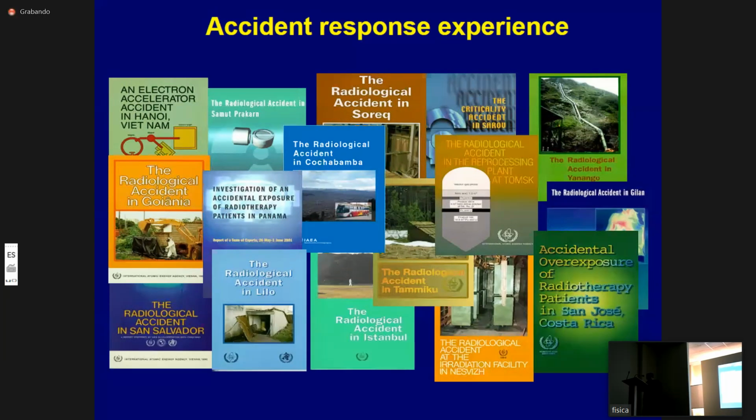The deterministic effects are acute and chronic radiation sickness, local damage of organs or tissues, for example, radiation burns, and also radiation cataracts related to the lens of the eye. Also, fetal anomalies and malformations of newborns, which are deterministic effects of the radiation of the fetus in the embryonic period.